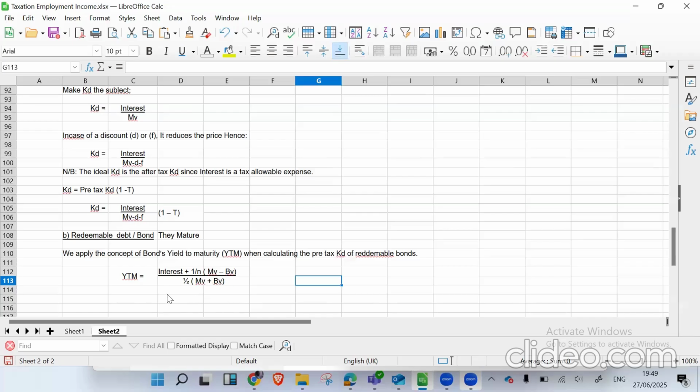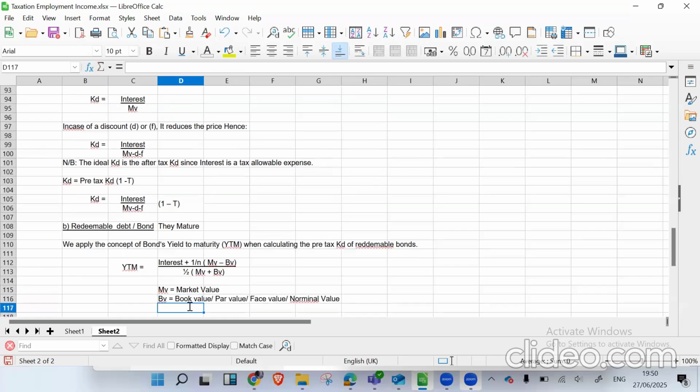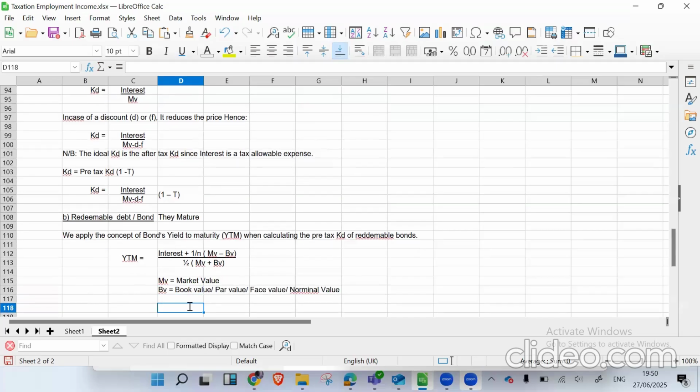Where MV equals market value and BV equals book value, also called par value, face value, or nominal value. That is the formula of getting the YTM, yield to maturity.